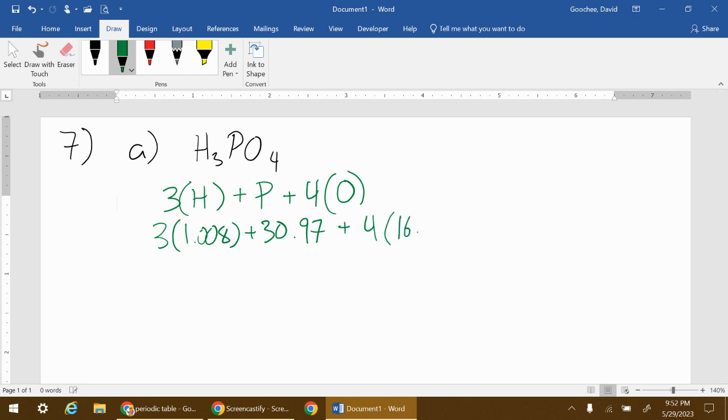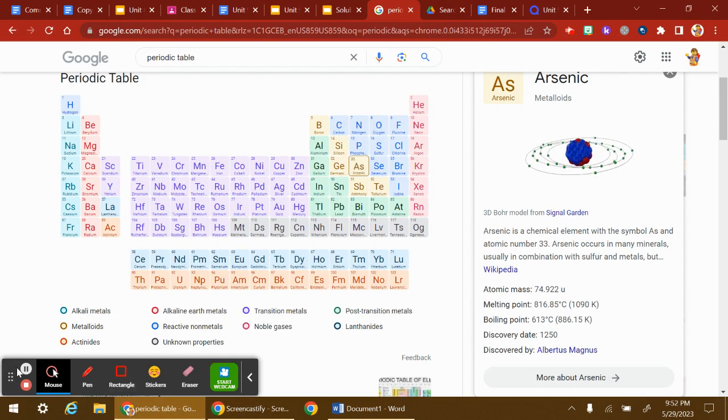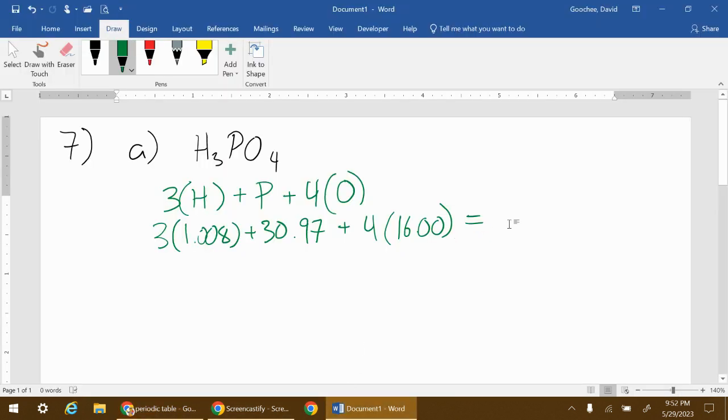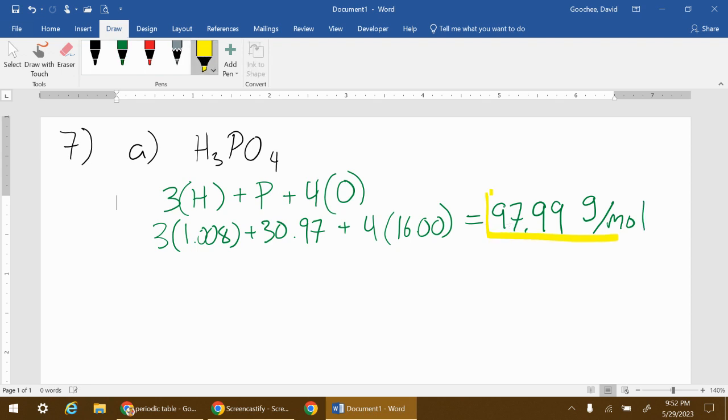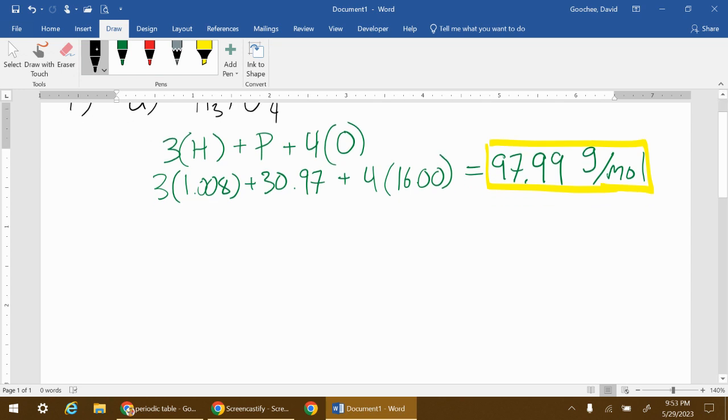And oxygen, I remember, is 16.00. So the molar mass of H3PO4 is 3 hydrogens plus a phosphorus plus 4 oxygens. I'm going to add that all together, and I got a total molar mass of 97.99 grams per mole.